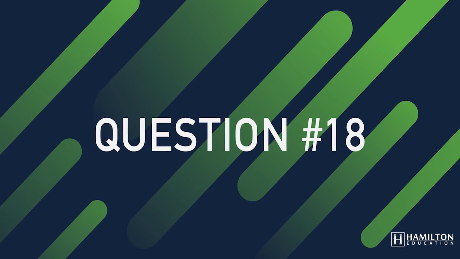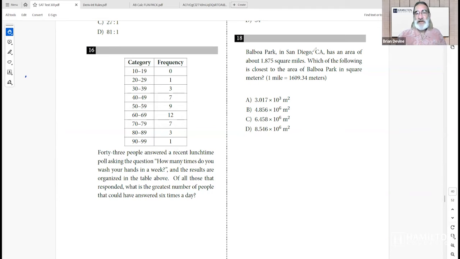Question 18. Balboa Park in beautiful San Diego, California has an area of about 1.875 square miles. Which of the following is closest to the area of Balboa Park in square meters? Well, it's going to be 1.875 miles squared.